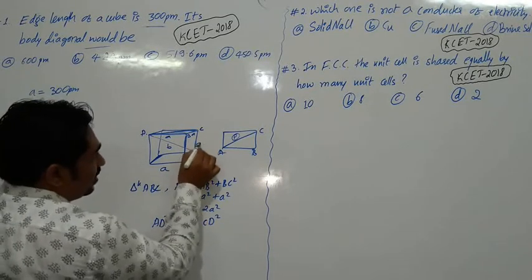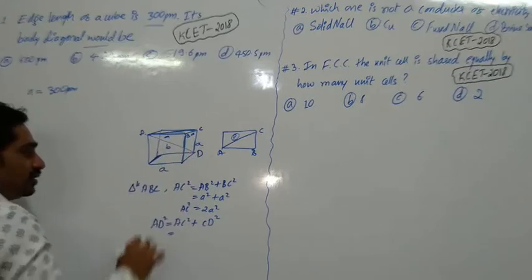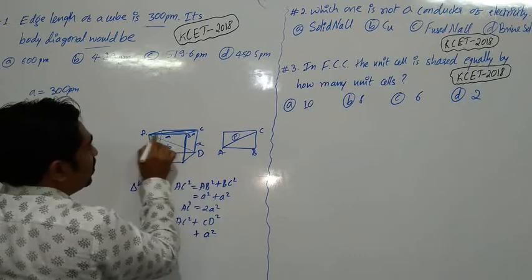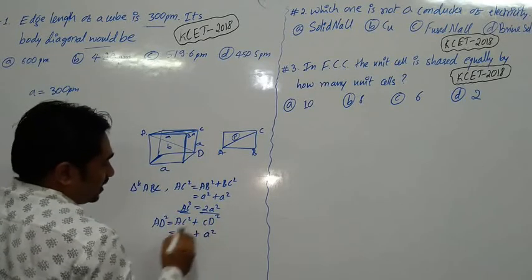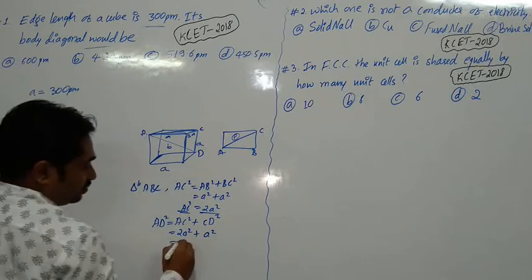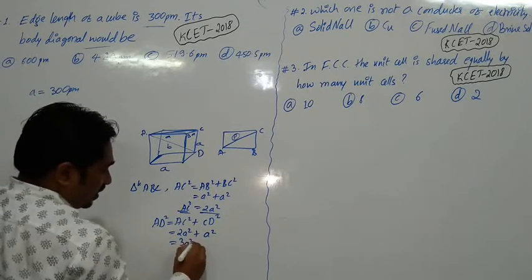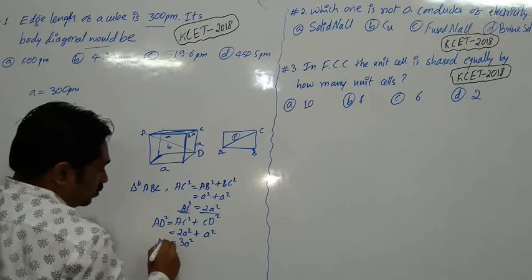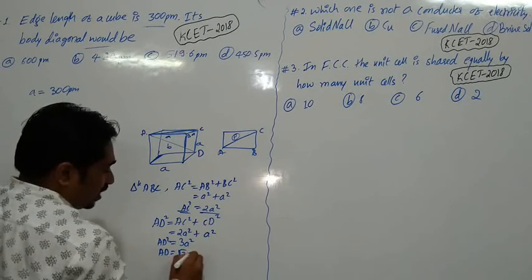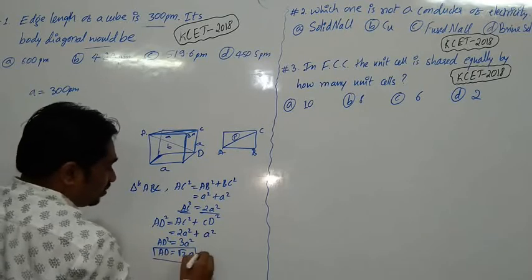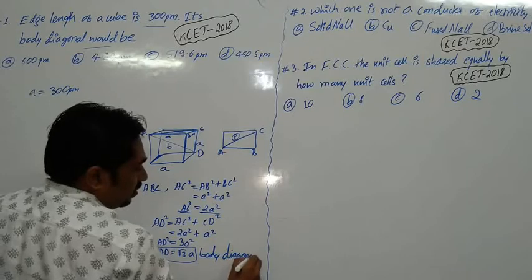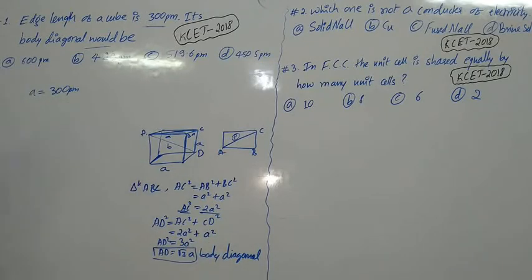Again, CD is the length of the side of the cube, so CD square is equal to A square, and we know AC square is nothing but 2A square. So totally it becomes 3A square. AD square is equal to 3A square. AD is equal to root 3 A. So this AD is nothing but our body diagonal.